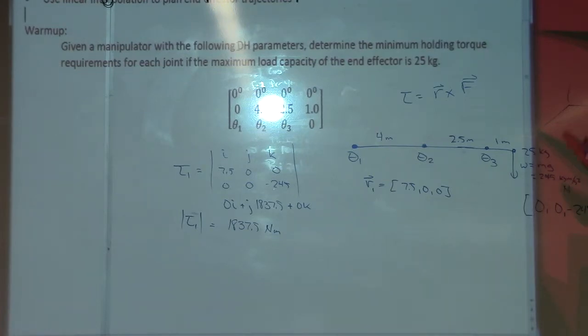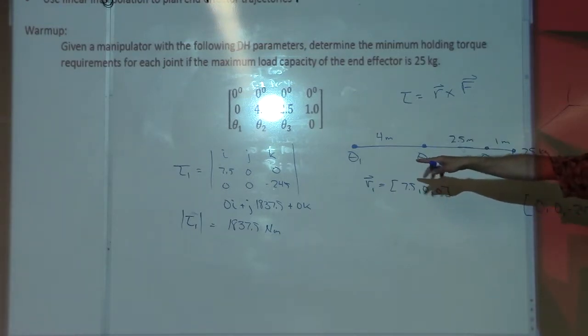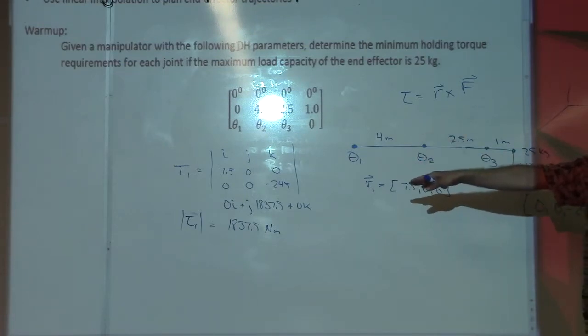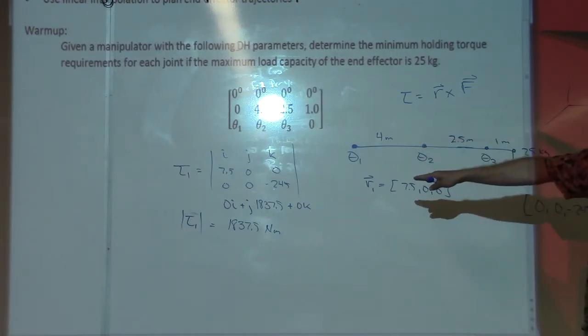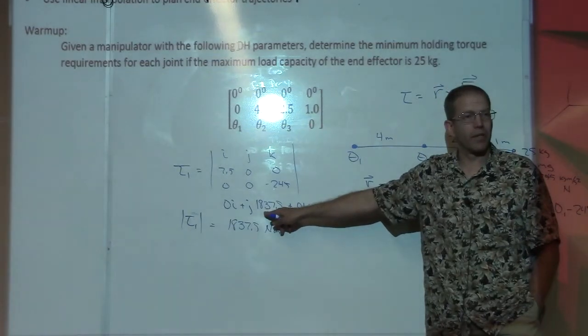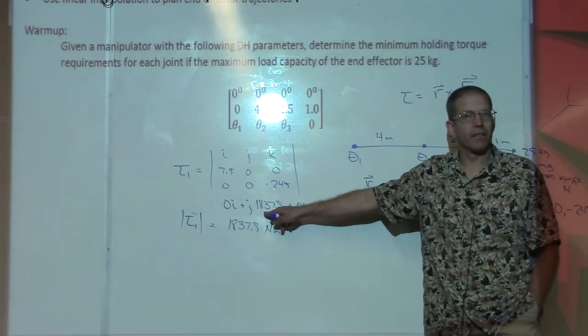Okay. How can we go through and do the exact same thing for theta 2? Just not have the 4 meters on it. Yeah, we just knock off the 4 meters. In this case, we're going to have a displacement or an x component of 3.5 meters. Is it necessary, if we use this approach, to go through and find the cross product every time? No, in this case, each time we do this, we're always going to end up with a j component equal to force times distance, okay?